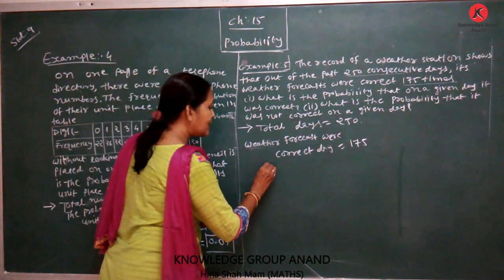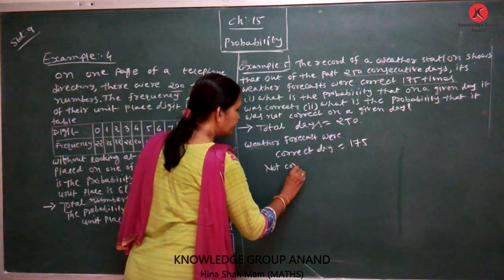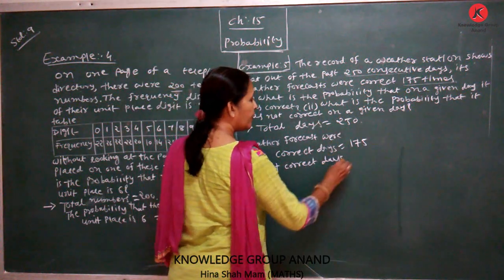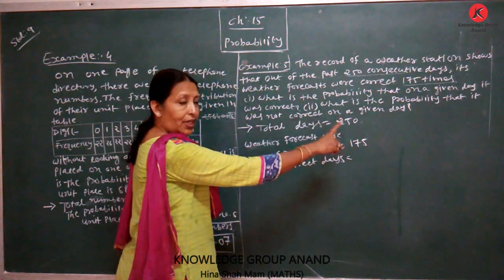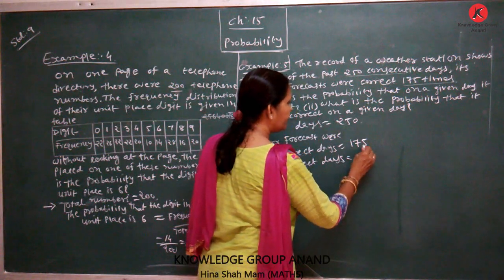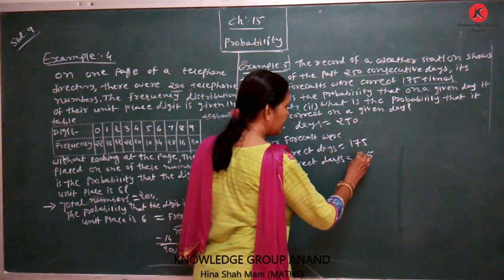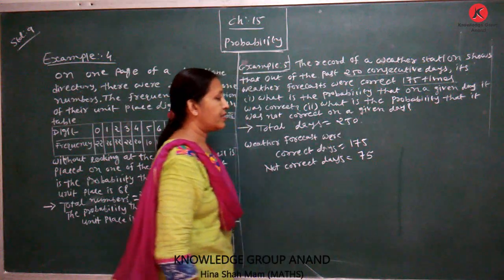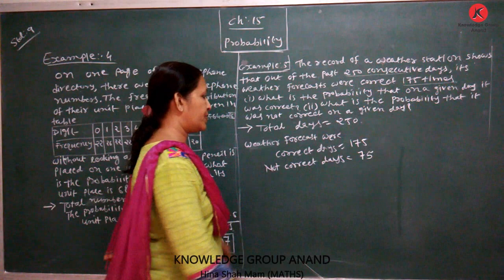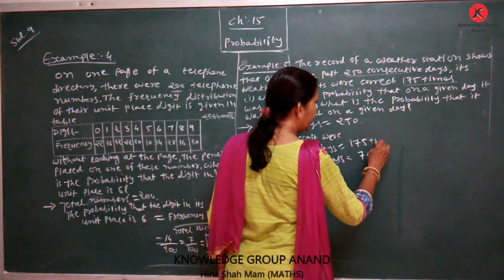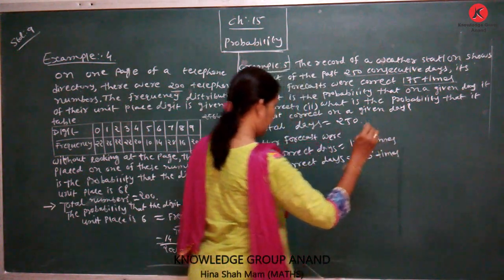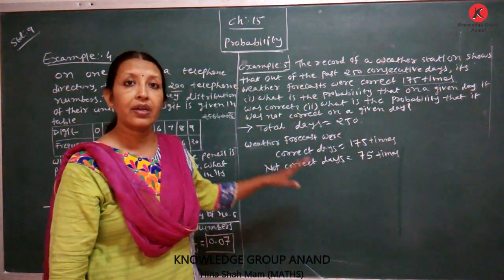Not correct days is equal to 250 minus 175. I said 50 times it is wrong, but it is 75 times. Correct days 175 times. Not correct days 75 times.